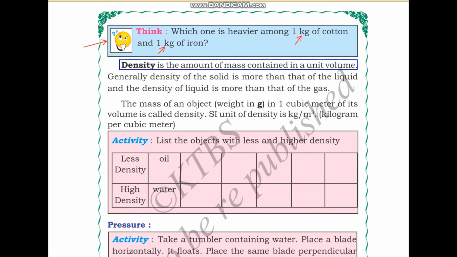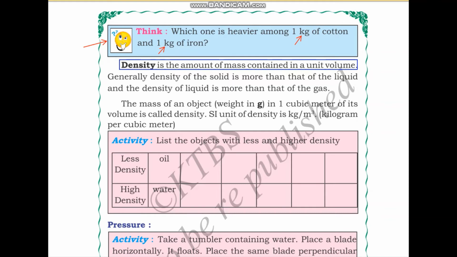The weight of 1 kg is the same whether it is iron or cotton. So they are both the same weight. But the size of cotton would be bigger than the size of iron. If both are of 1 kg weight, then the size of cotton is greater. That is, you have more cotton than iron.